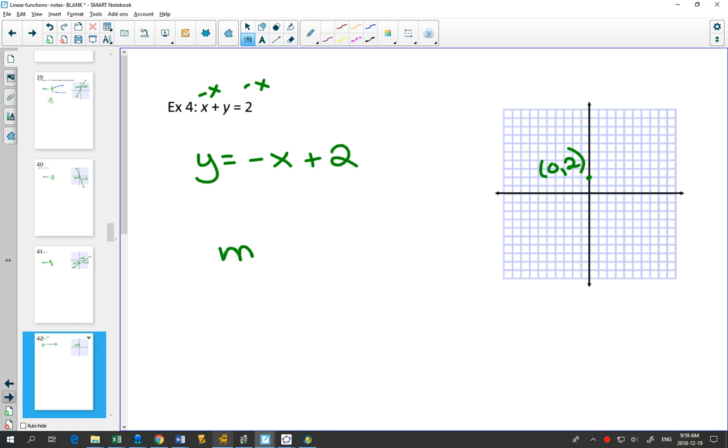Our slope is -1, even though the 1 isn't written. I can change that -1 to a fraction, -1 over 1. So I'm going to go down 1 over 1, to 1 comma 1, down 1 over 1 again, to 2 comma 0, and draw the line right through those points.